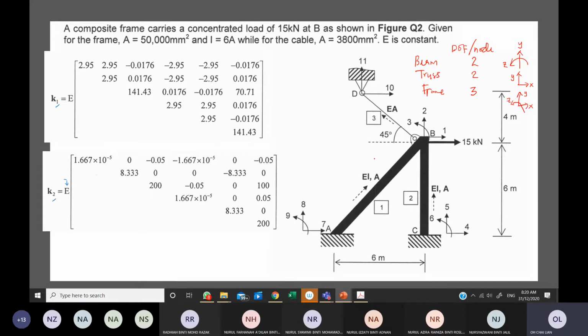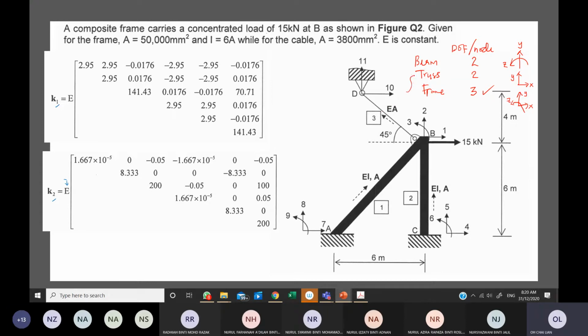So you need to identify the elements of this structure first. For example, A, B, C are frame, so at their nodes, you put 3 DOF per node. That is why you can see that 7, 8, 9, 4, 5, 6, 1, 2, 3 are placed at the nodes for the frame. Then you also identify that this DB is a cable.